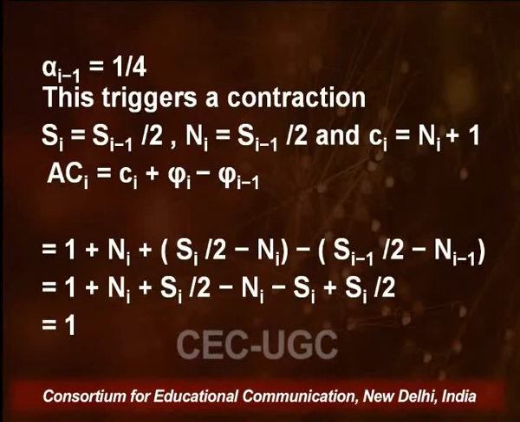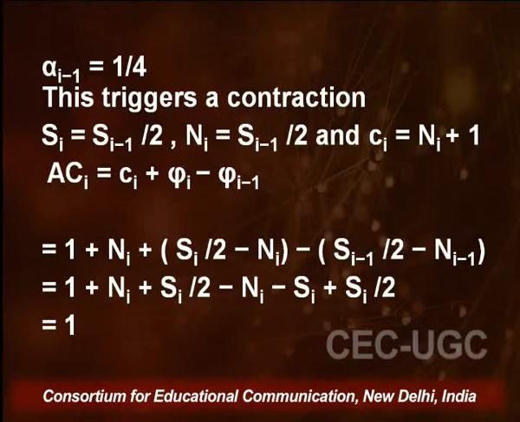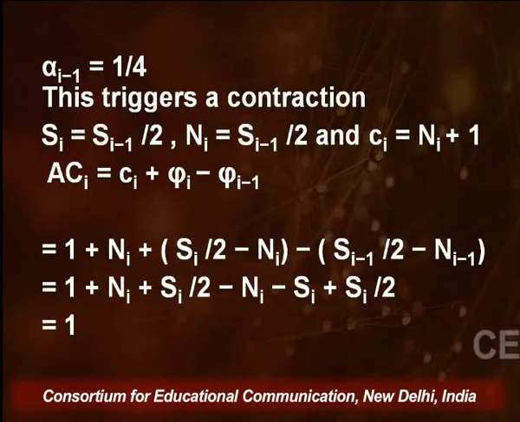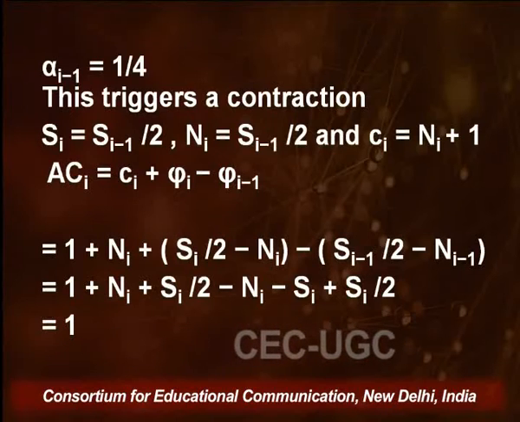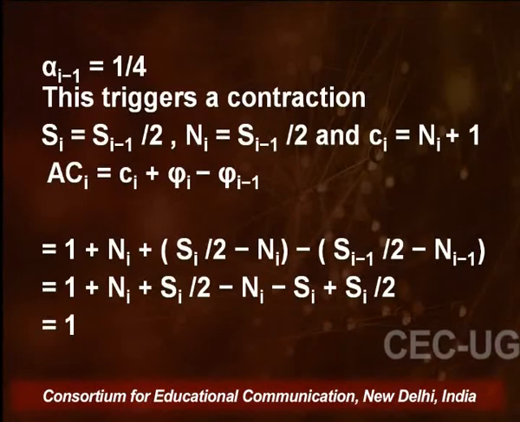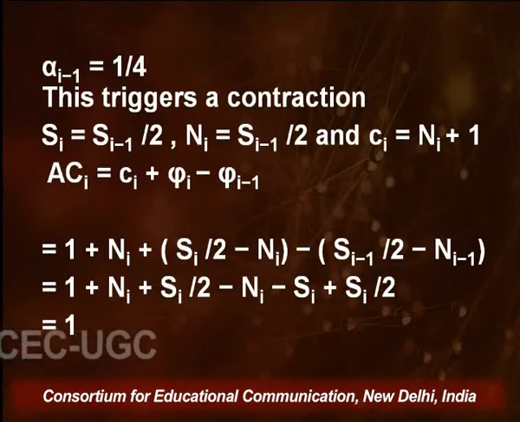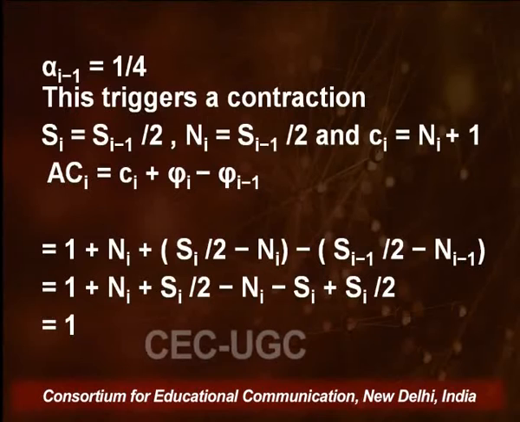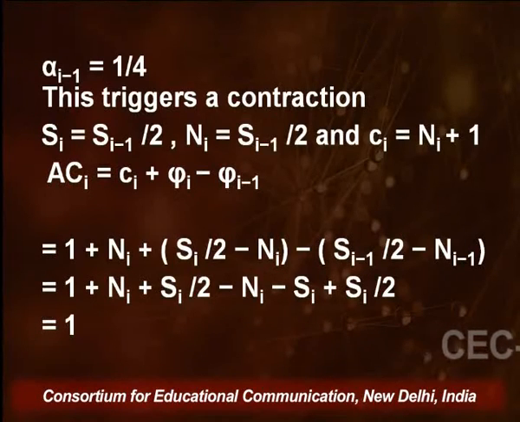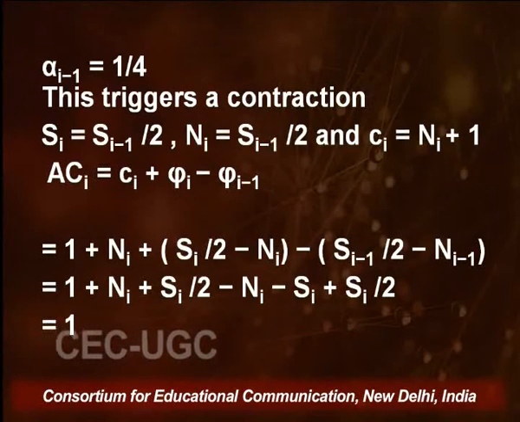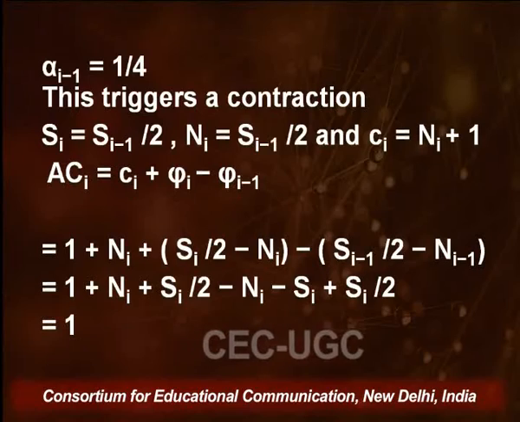So, for that contraction, we are going to have S of i equal to S of i−1 divided by 2, because the size is in a way halved now. N of i we can say is equal to S of i−1 by 2. Yes, this is true. That means the number of elements after the ith operation is equal to the size before the ith operation divided by 2, and this is very evident.